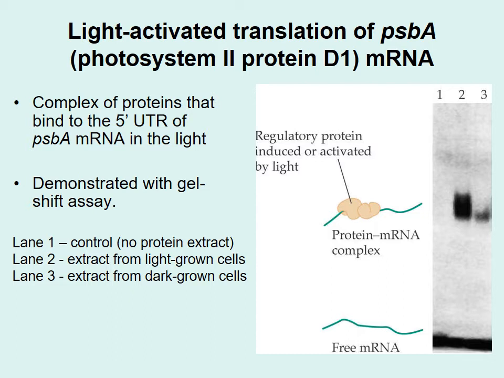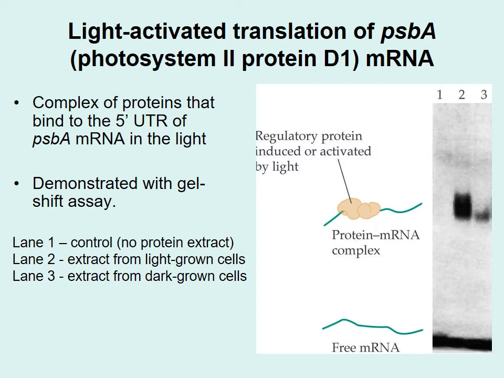that is visible. Very strong expression has been there. And in lane 3, where we have added the extract from the dark grown cells, hardly any expression of this protein messenger RNA complex is shown.